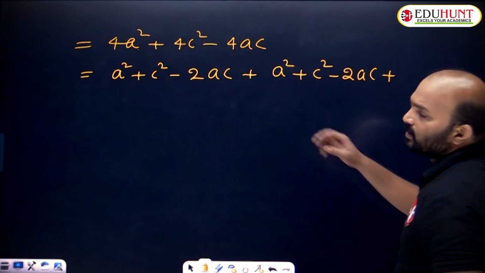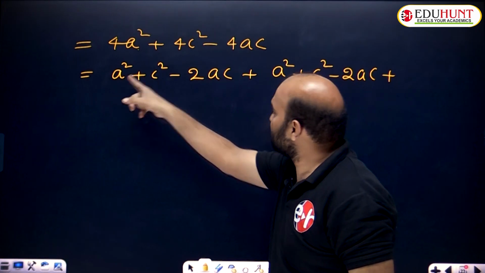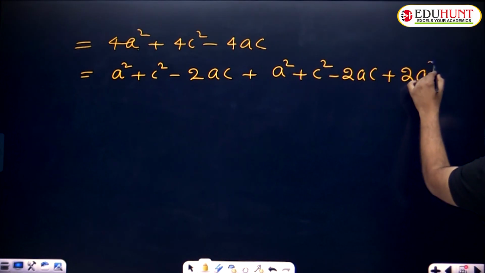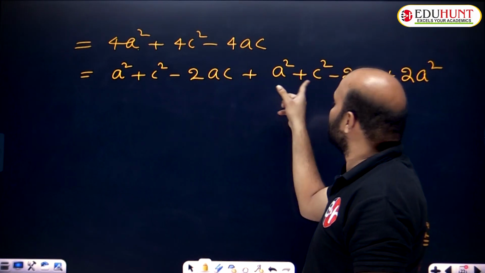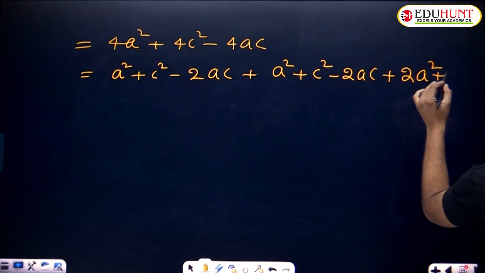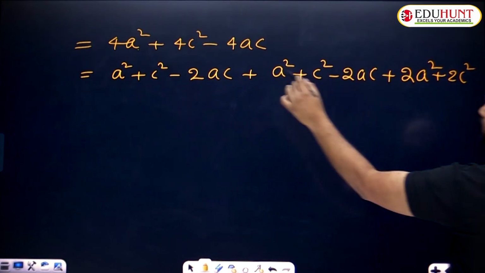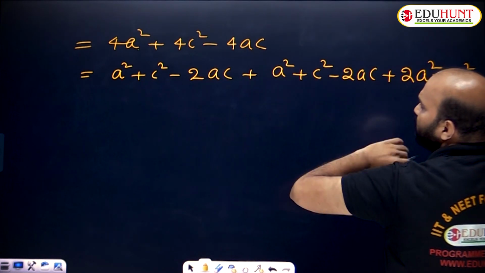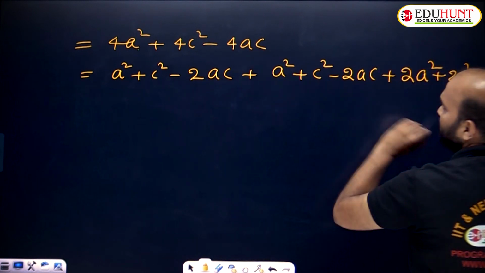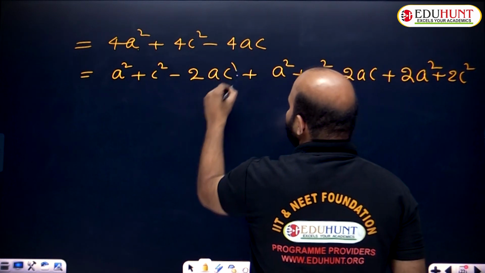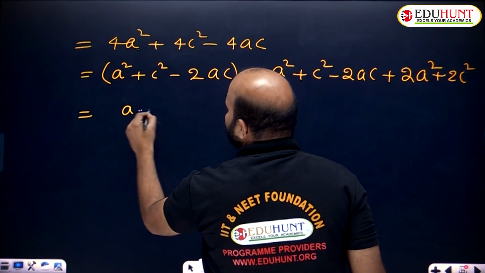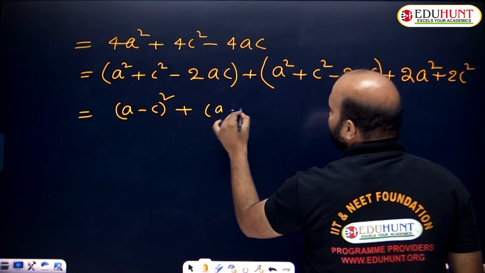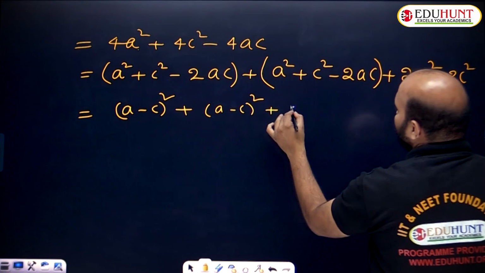How much is left? 4a square is a square plus a square, leaving 2a square, and 4c square is c square plus c square, leaving 2c square. So this is the expansion of (a minus c) whole square, twice, and what is left is 2a square plus 2c square.